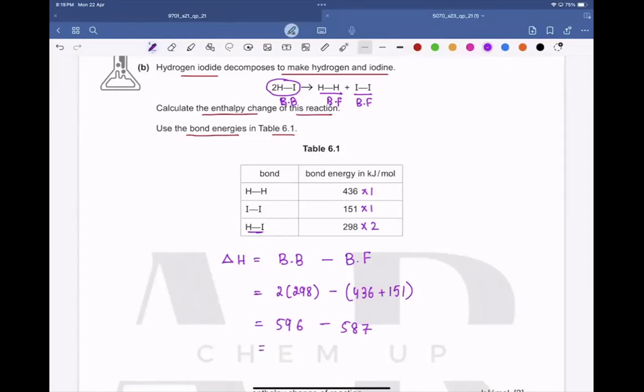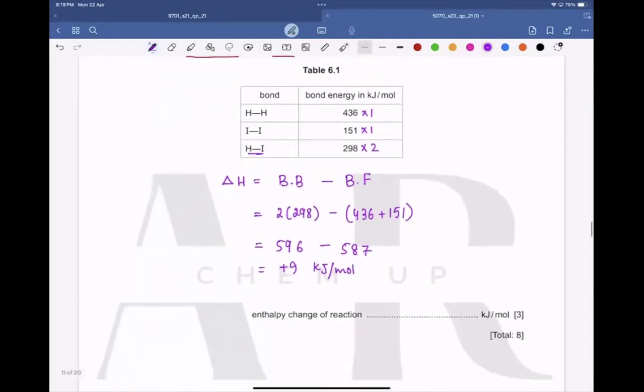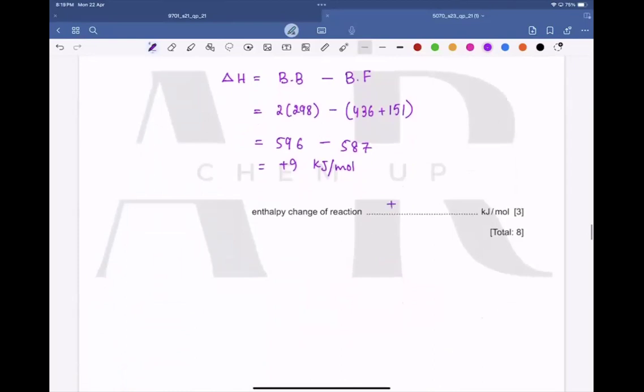Check your working. So the answer is positive. You must write the sign and then the unit, which is kilojoule per mole. Is this clear to all of you? Okay, so positive 9.